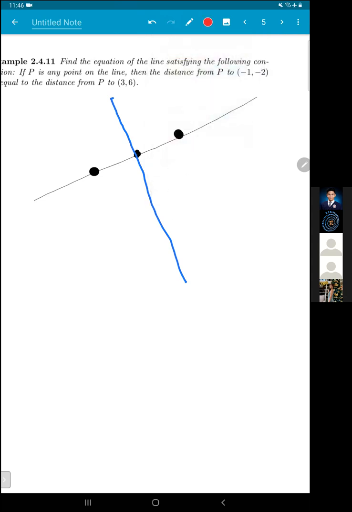Halimbawa, kuha ko ng any point sa perpendicular bisector. If you use similarity or congruence of triangles, it can be shown that any point on the perpendicular bisector will be equidistant from those 2 points. Property lang actually ng isosceles yan, mapapakita mo naman, isosceles yan.